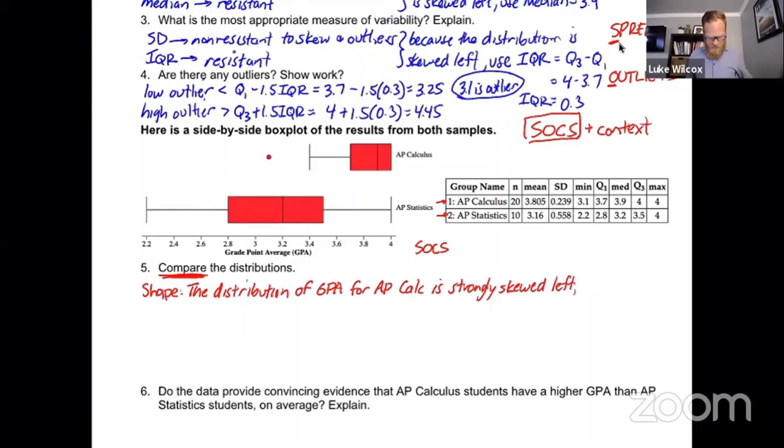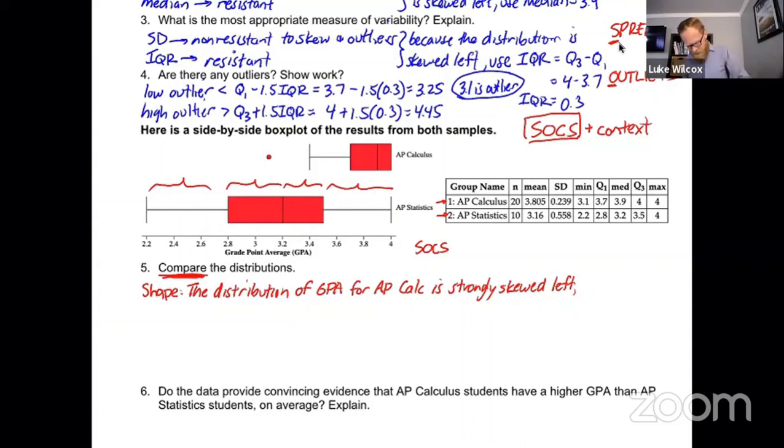Well, AP Statistics looks to be a bit more symmetric there, right? There's not a big long draw on one side or the other. So I think I'd be comfortable saying fairly symmetric. Now, we don't know exactly what's happening within each one of these quartiles. There could be some peaks and valleys within each one of these quartiles. But generally speaking, this box plot to me is saying fairly symmetric.